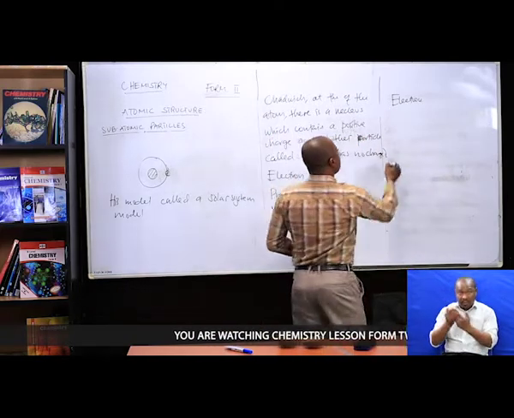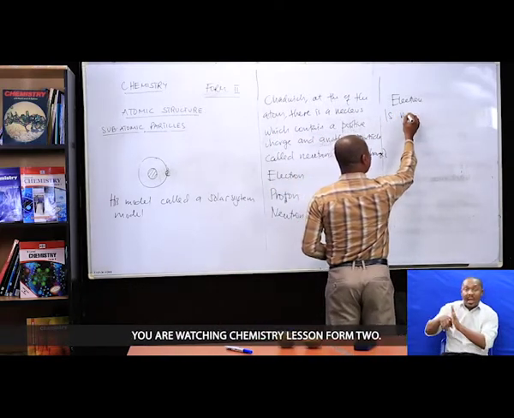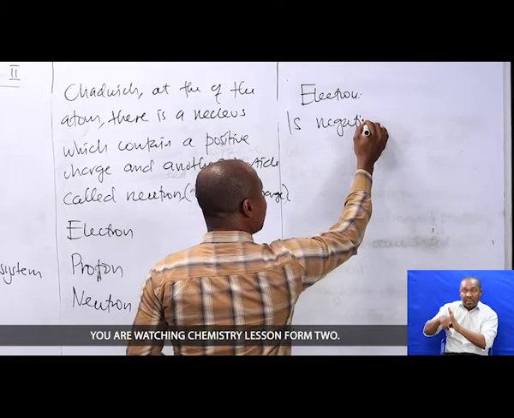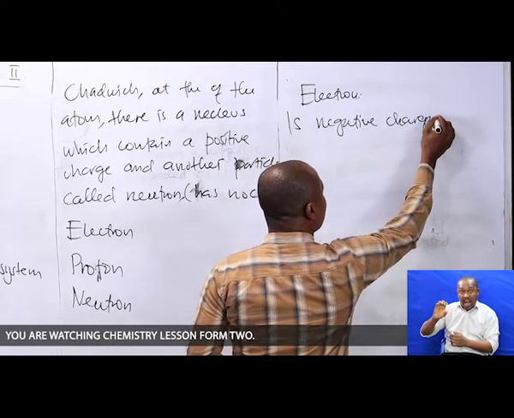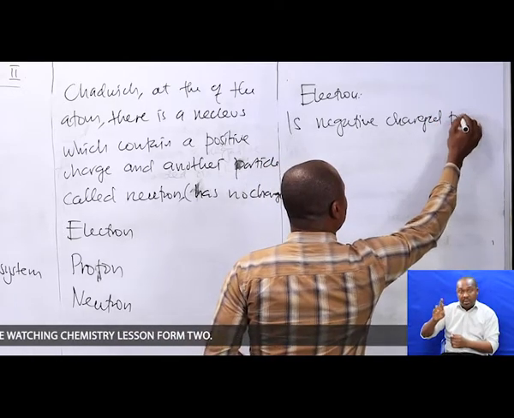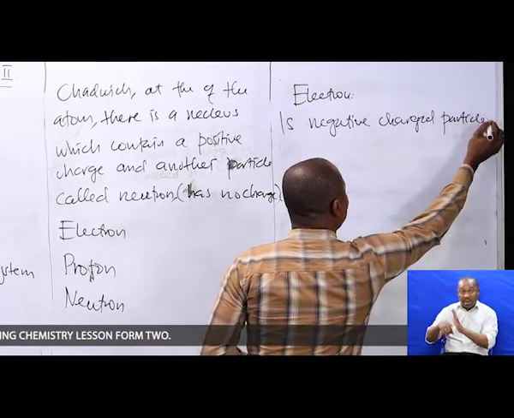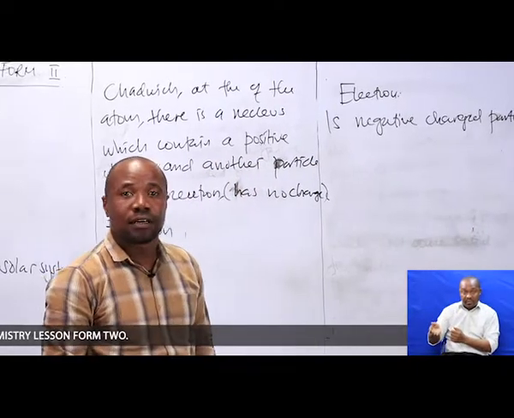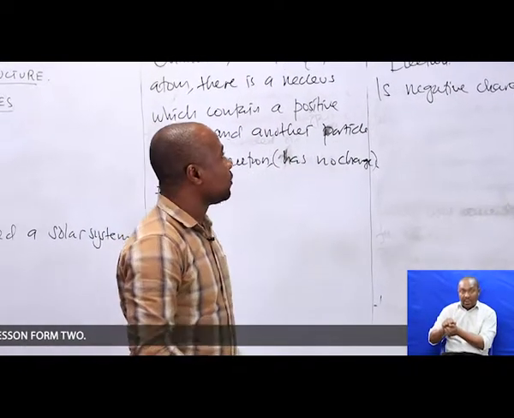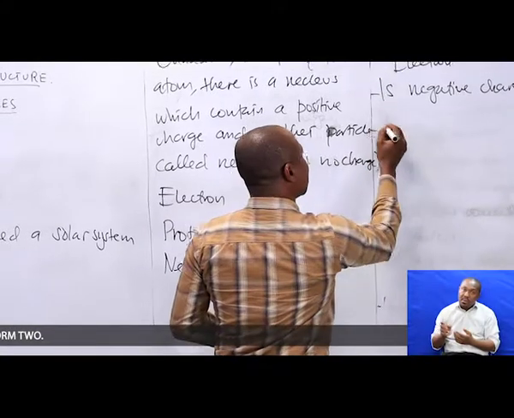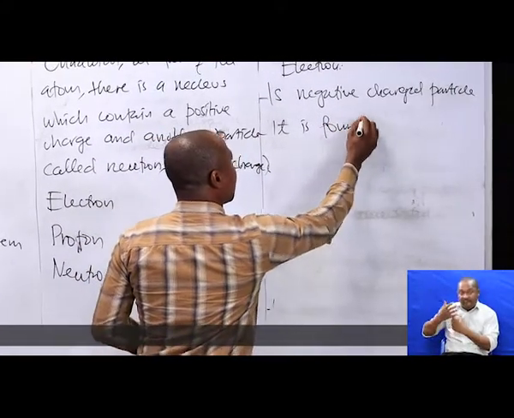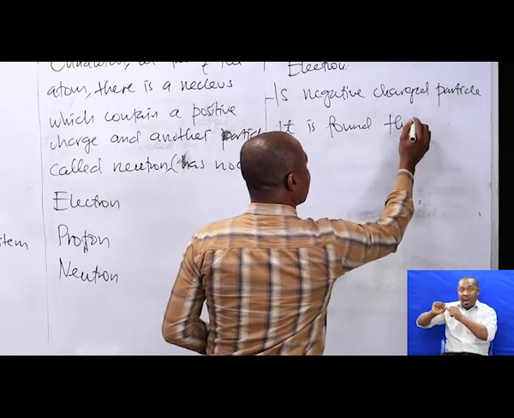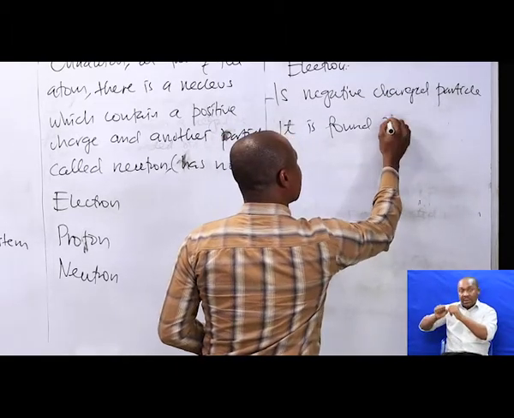Electron is a negatively charged particle, and it is found in orbit.